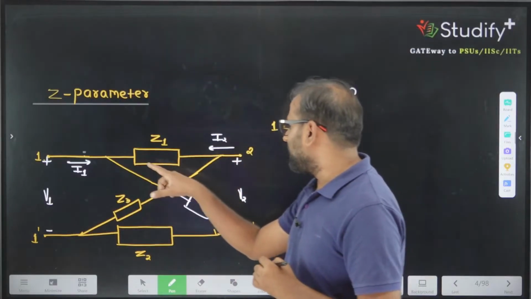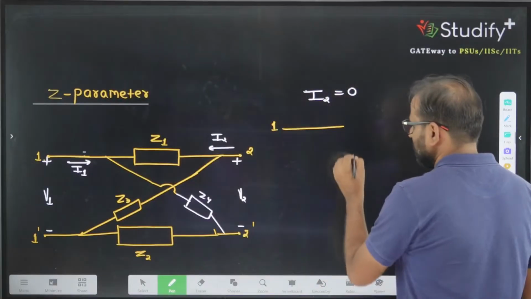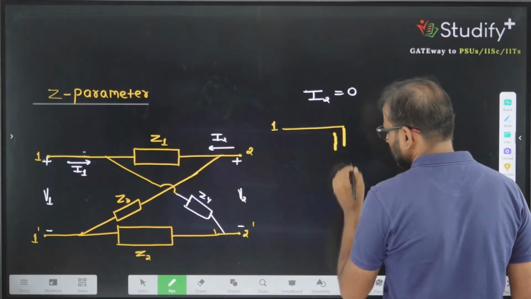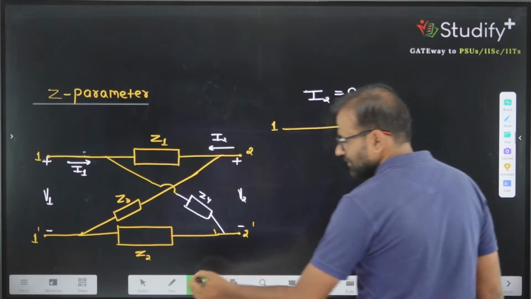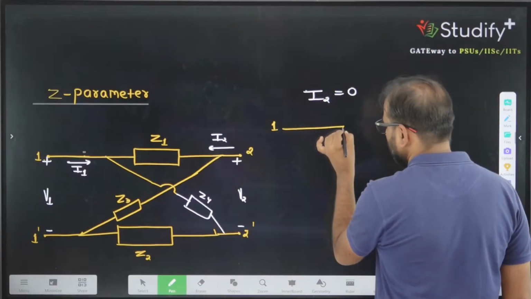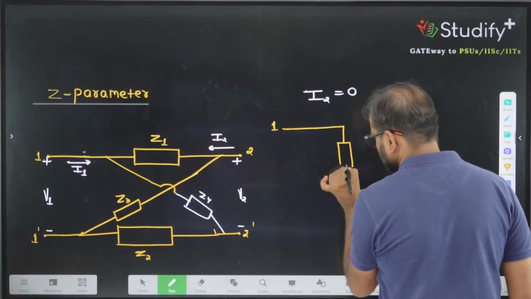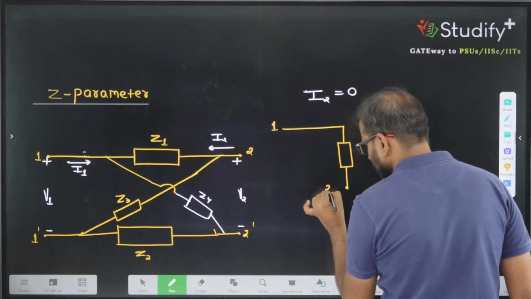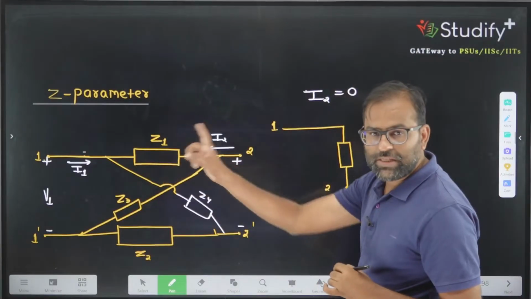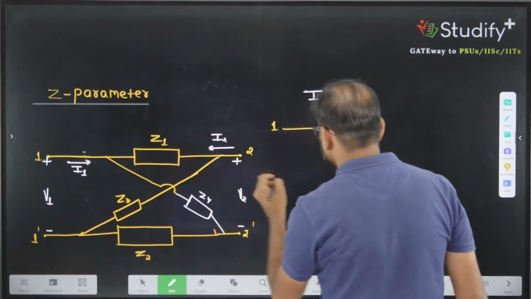Between terminal number 1 and 2, what is connected? Z1 is connected.